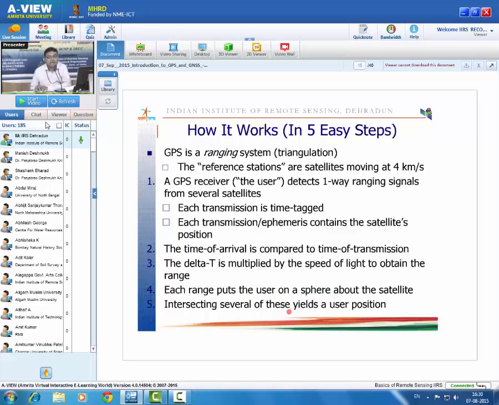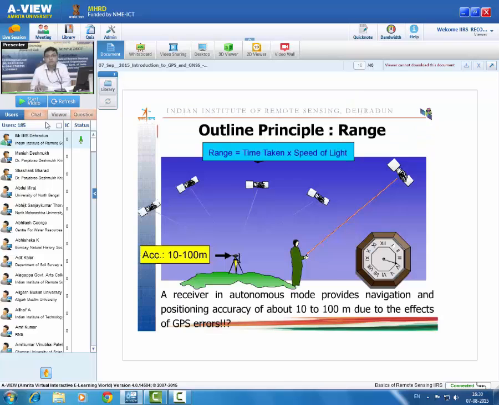I will explain this diagrammatically again. And when we intersect many such spheres, it will give us the user position. So diagrammatically, let us see here. The signal is beginning from the satellite at time t1, reaching the user at time t2, and t2 minus t1 gives the delta t, that is the time of travel, multiplied by velocity of light, gives us this distance.